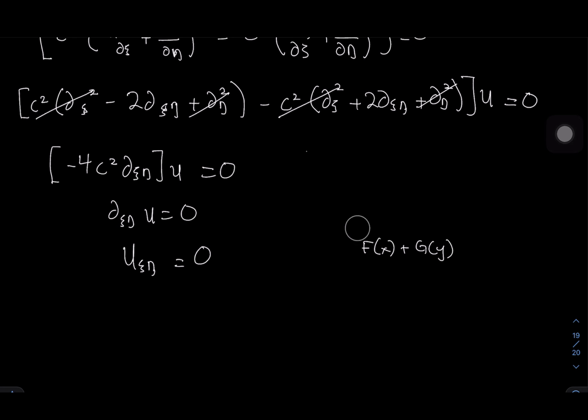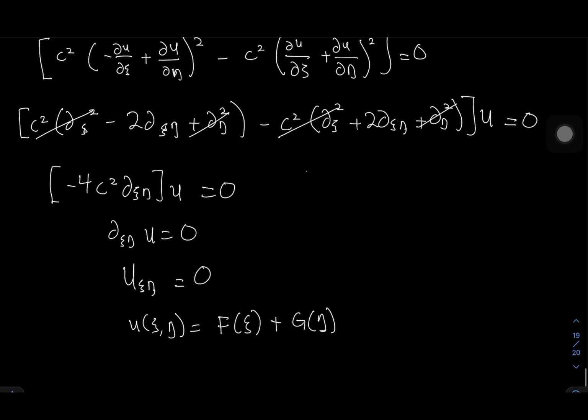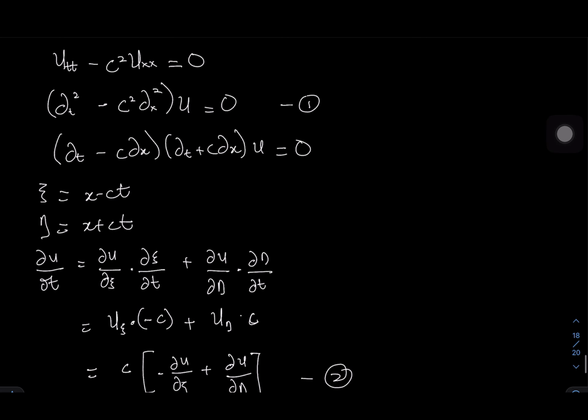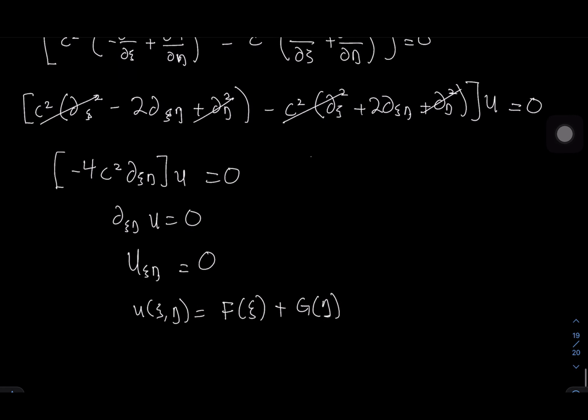Remember that, right? So it means that the solution to this is going to be a function of c, u of c eta is going to be a function of c plus a function of eta. But what is c? We know c to be x minus ct and eta to be x plus ct.